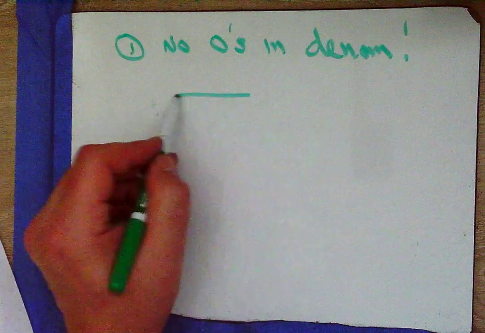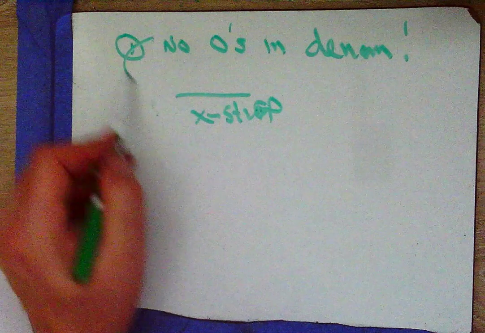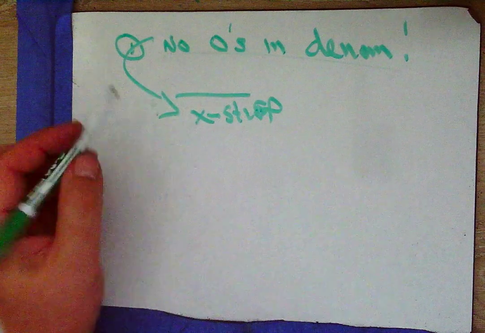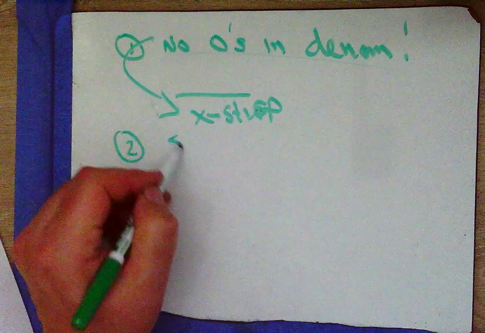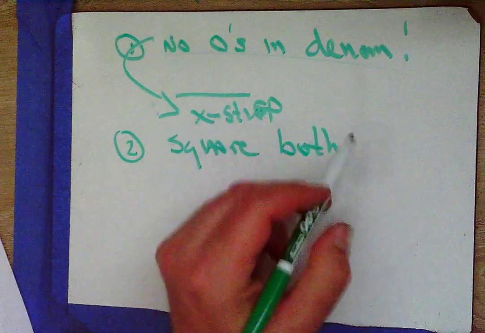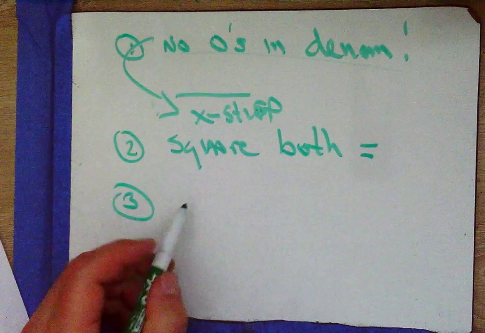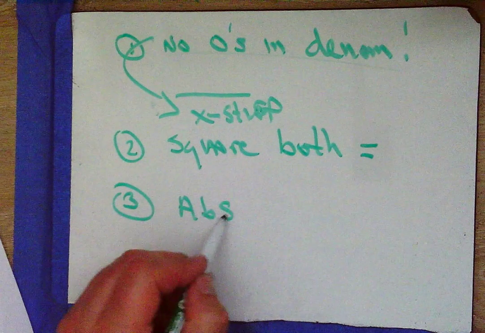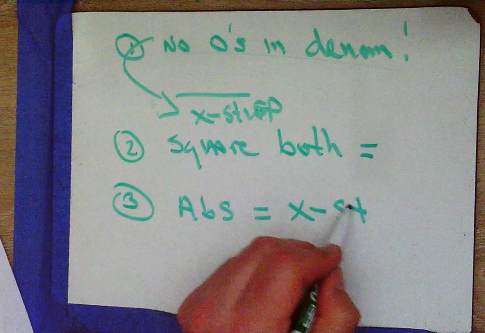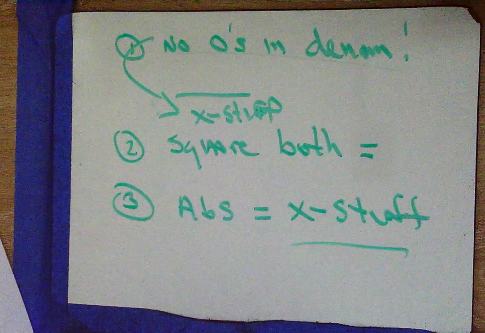So if we have x stuff on the bottom, that's definitely no zeros in the denominator when we're done solving. 2, if you square both sides of an equation while solving, that's a must check. And finally, number 3, when we have absolute value equals x stuff, that's also for us a must check. We must check those answers.